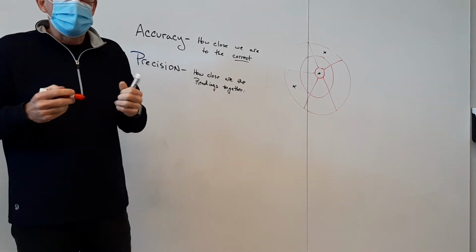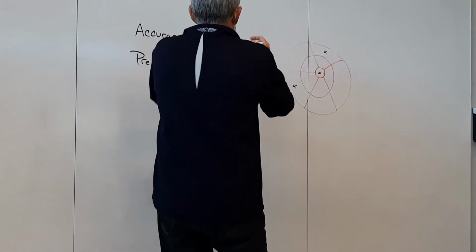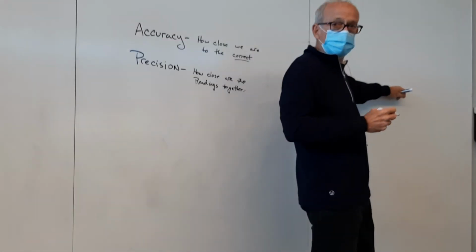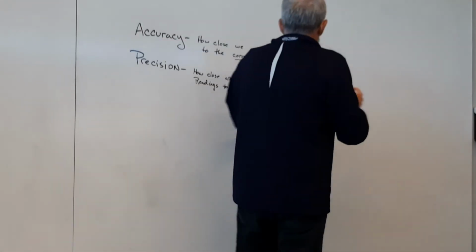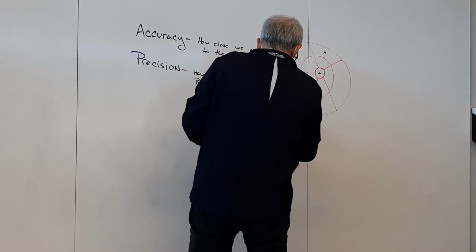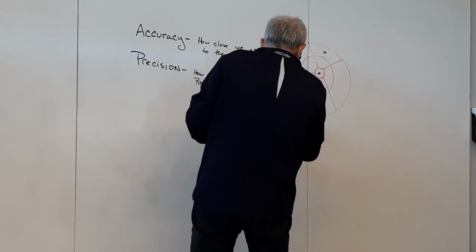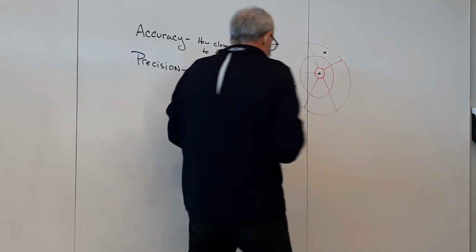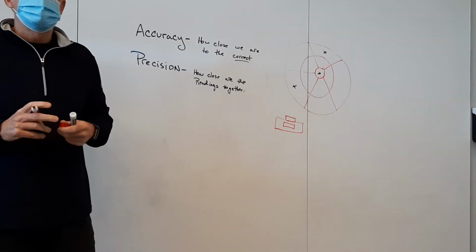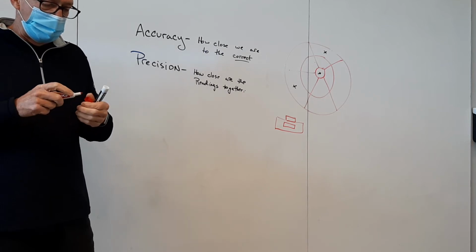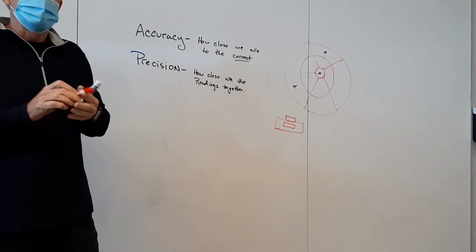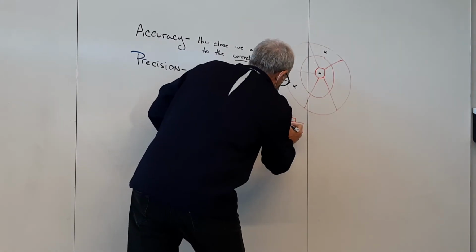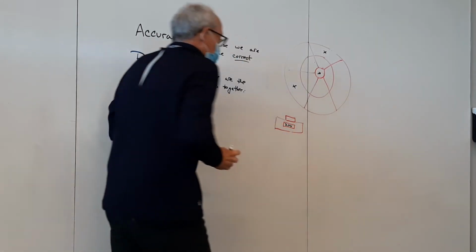If I am weighing something and I've got a balance, I put something on the balance, and the balance gives me a reading like this, 3.114.